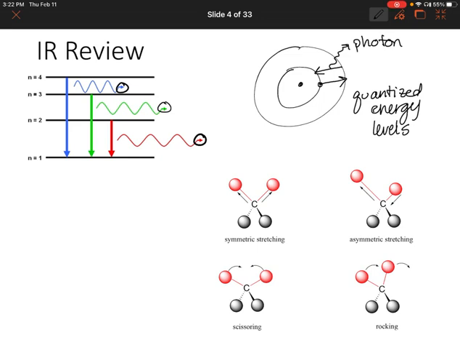So we can actually do the same thing with bonds between atoms. If you have, for instance, a bond between two carbon atoms, that can absorb IR frequencies, and that carbon-carbon bond will have its own specific energy compared to, for instance, let's say a carbon-hydrogen bond.